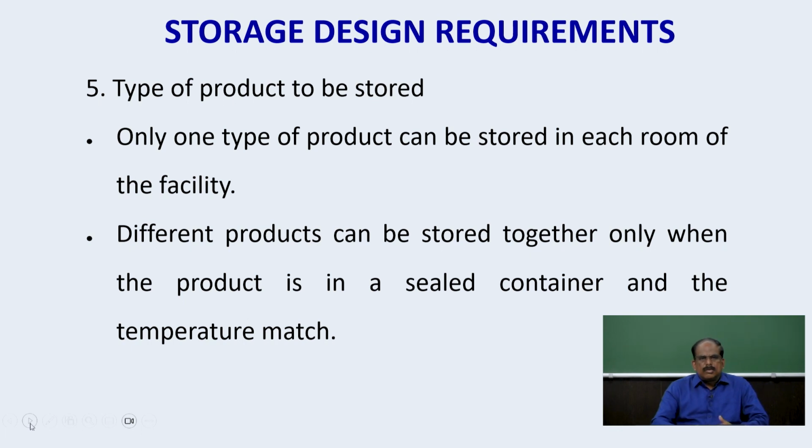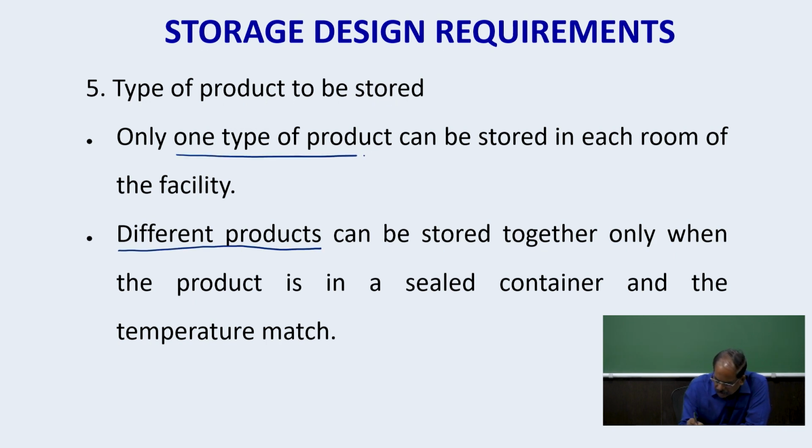This is in continuation of the point which I have explained a little ago. Type of the product to be stored, whether we want to store only one type of product in each room of the facility or different products. Different products can be stored together only when the product is in a sealed container and the temperature matches. For example, we cannot mix two products whose storage temperatures are entirely different.